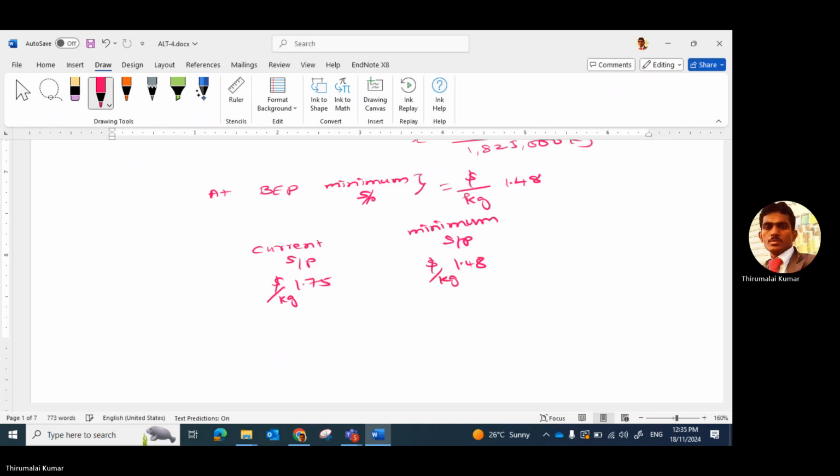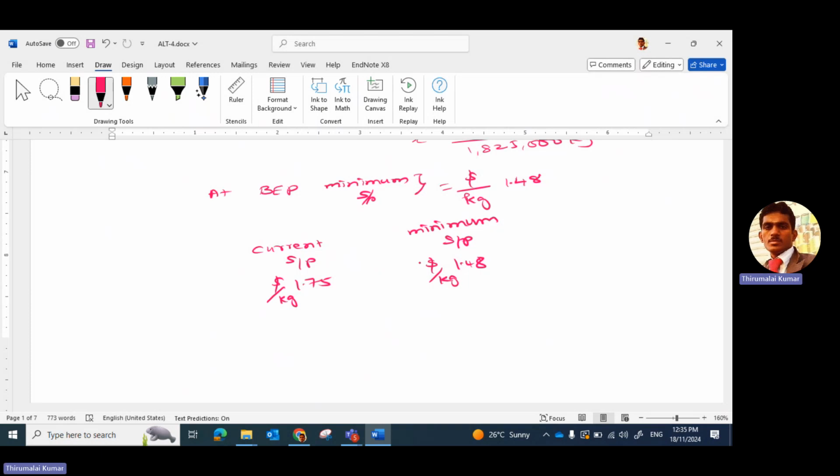So the minimum selling price is less than the current selling price, right?